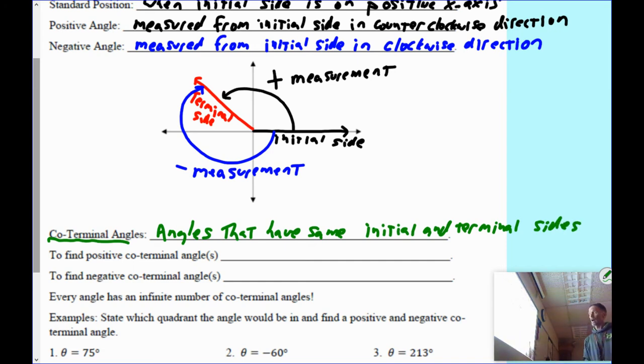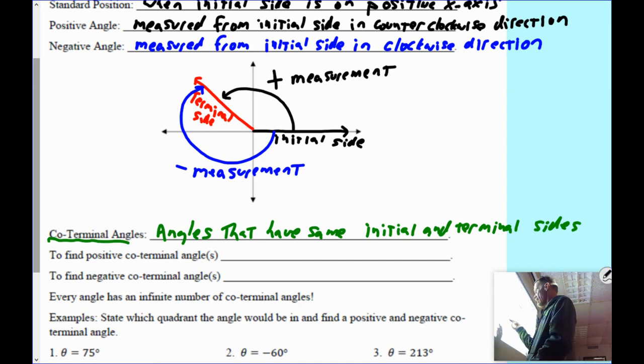Okay, so how do you find them? We basically just do laps. And I think you all probably know this, but especially if you're a skater, what does it mean to take a whole lap around a circle? How many degrees is in a whole lap? Well, it's 360.